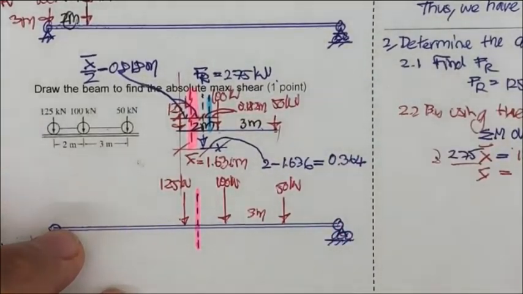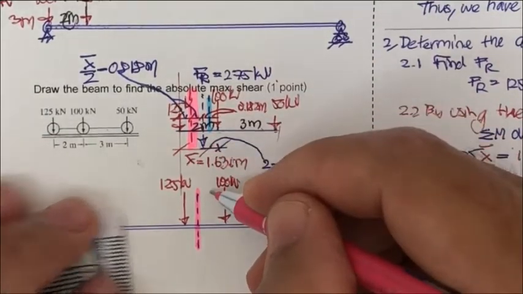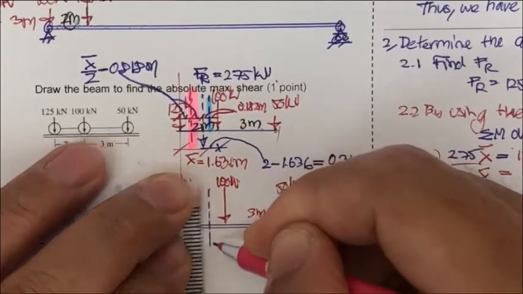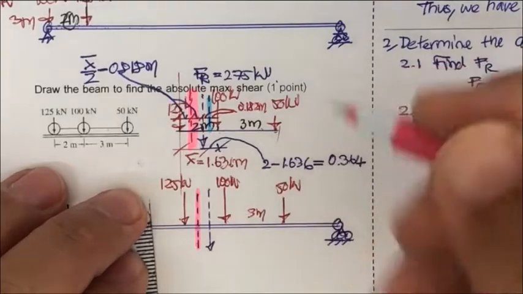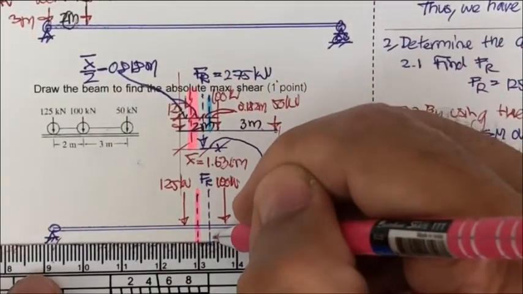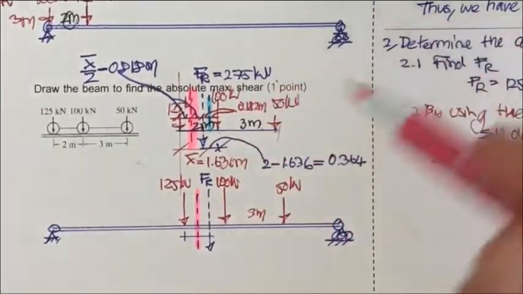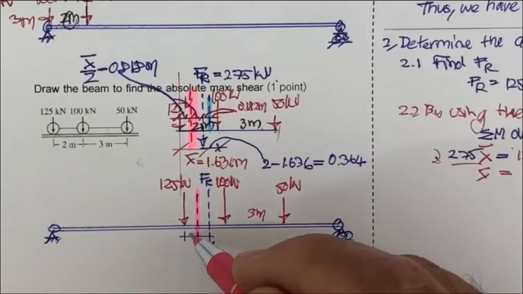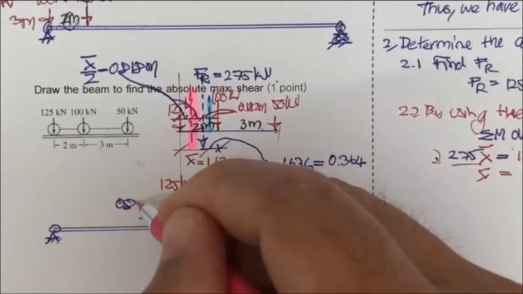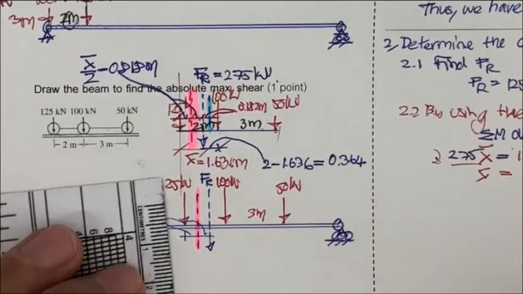And you also have the F sub R. You put the F sub R here, and the distance here is going to show 0.818 meter.